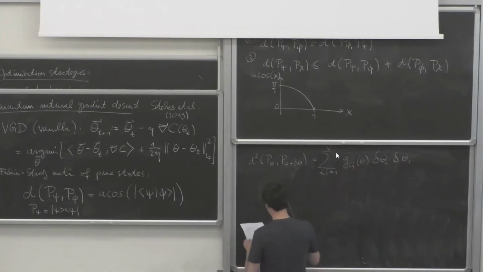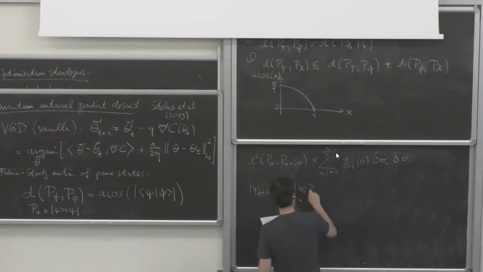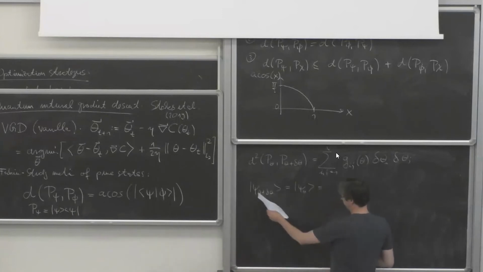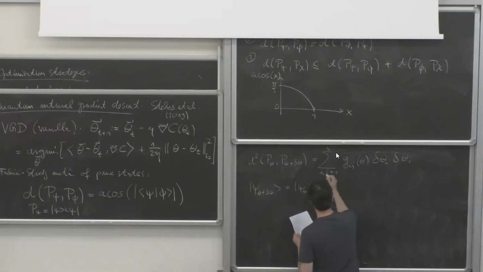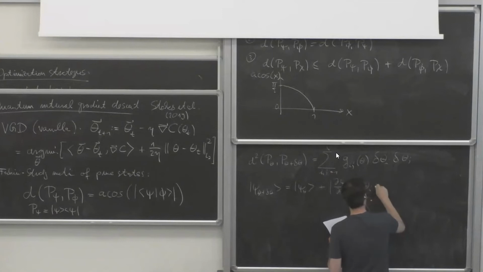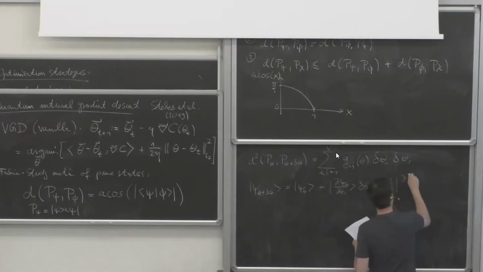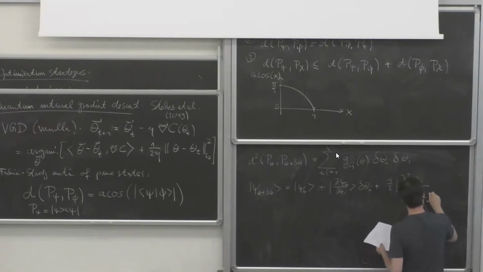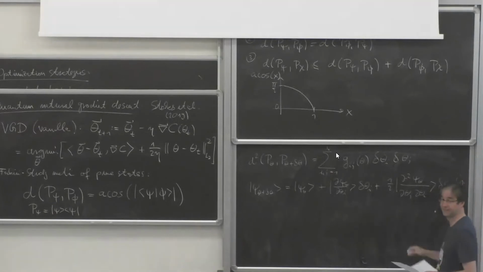So you expand in a Taylor expansion: psi of theta plus delta theta is psi of theta plus the derivative of psi with respect to theta i, times delta theta i, plus one half the second derivative, and this is sufficient to this order.